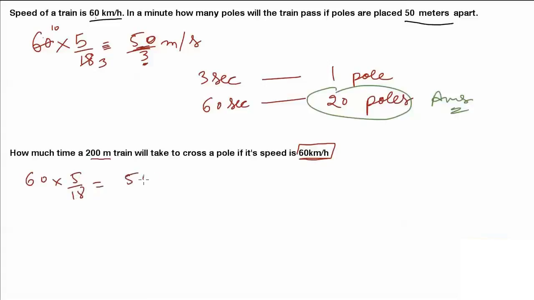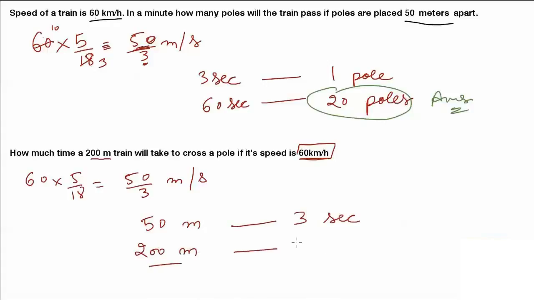So that is 50 over 3 meters per second. So the train covers 50 meters in 3 seconds. So the train will cover 200 meters in 12 seconds. So 12 seconds is our answer.